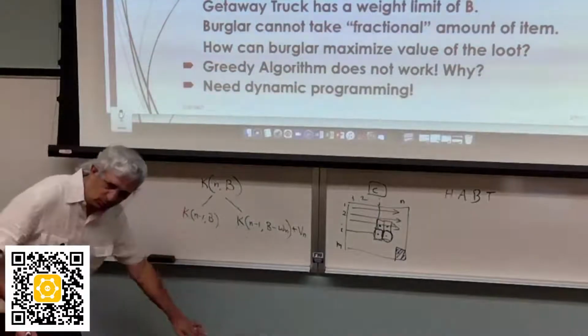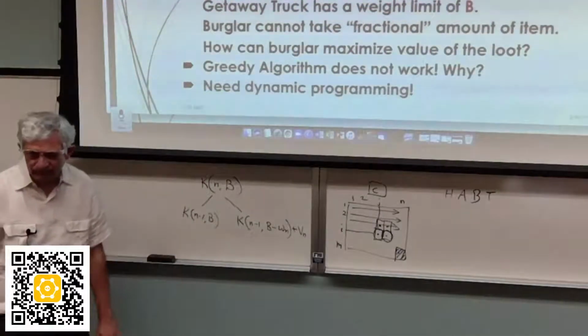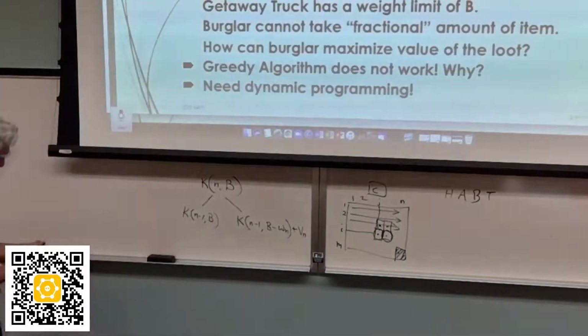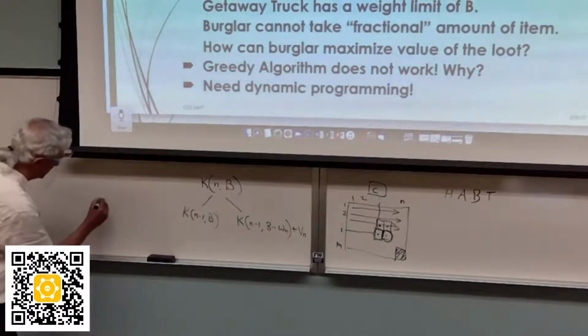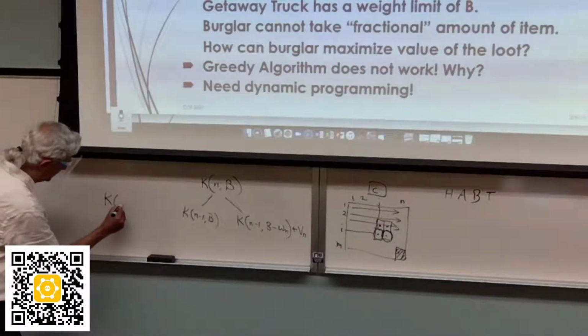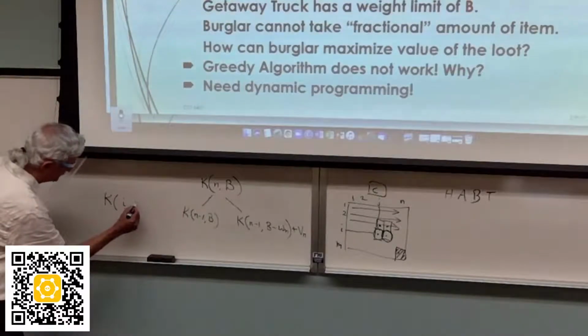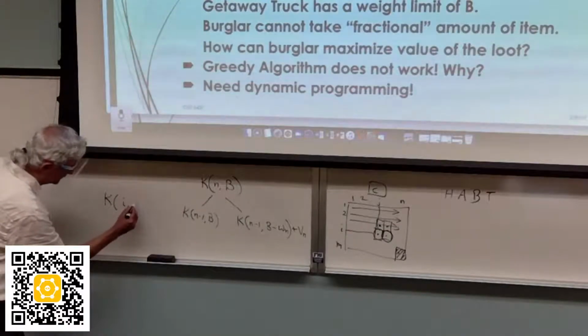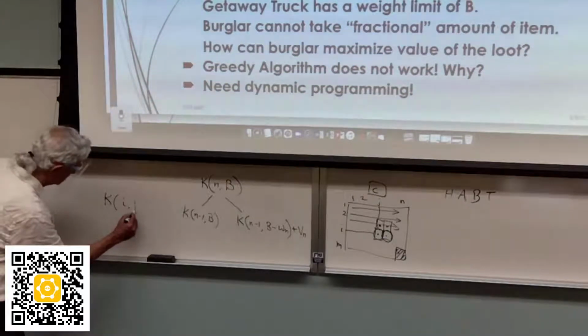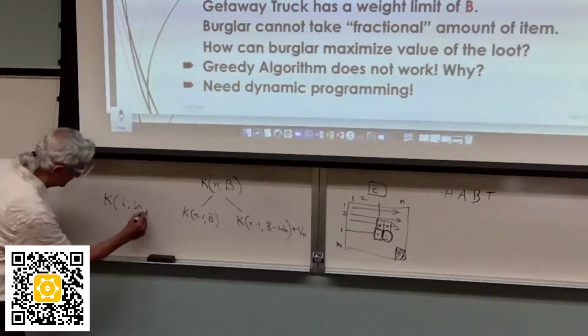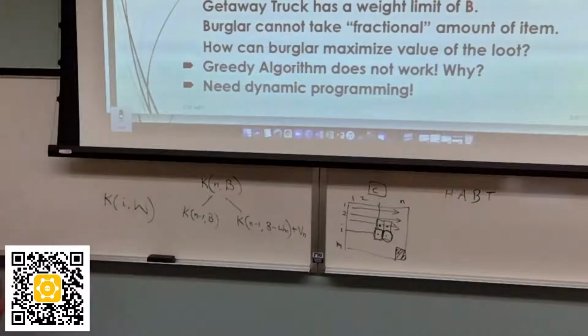When I look at the whole tree here, I'll see that all my subproblems look like this. I've got k of i comma, instead of b, let me call that w. Okay.